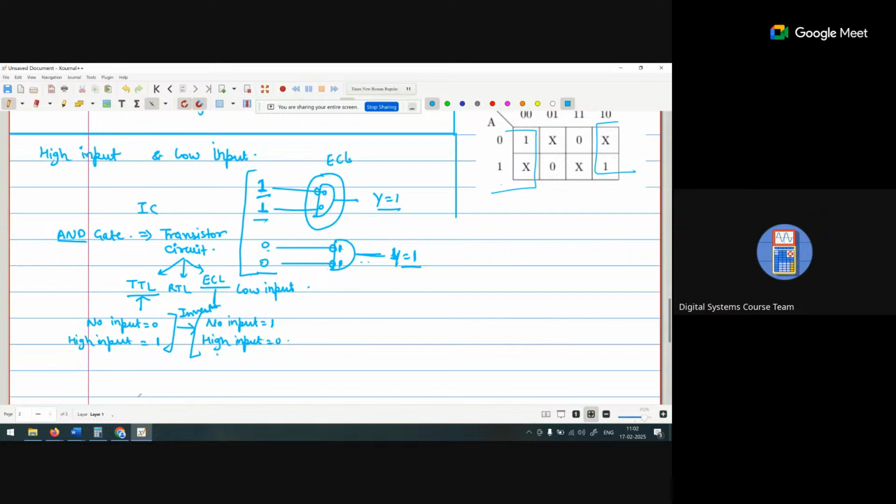So if 0, 0 is applied at the input, it becomes 1, 1 and Y is 1. So depending on the family, some ICs will be active high ICs and some will be active low ICs. Okay, that is a little bit about that. In week 6, it will be given in more detail.